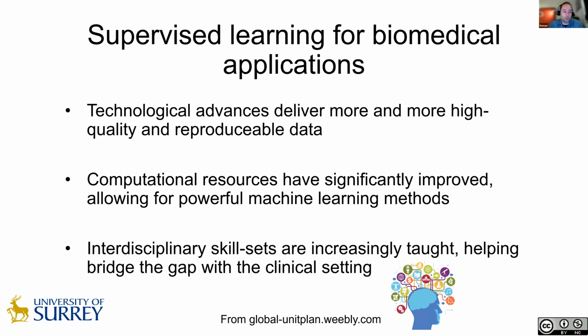There are still very big gaps, but at least some common terminology and there is more overlap across domains, which allows and facilitates collaboration, and so this has also led to an increase in research outputs where machine learning, including supervised machine learning, has been used for biomedical applications.